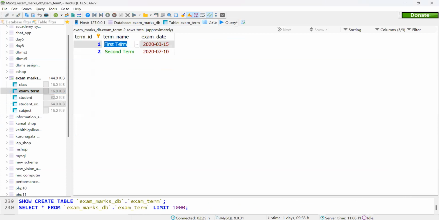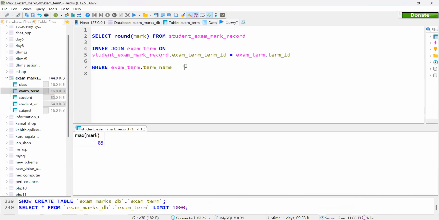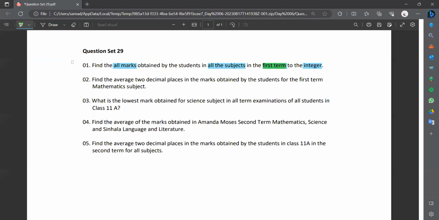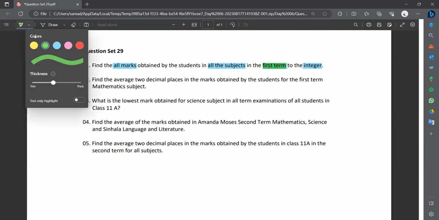We take this term. Let's execute, and we have integer numbers that those students got in first term. Let's do the second one.